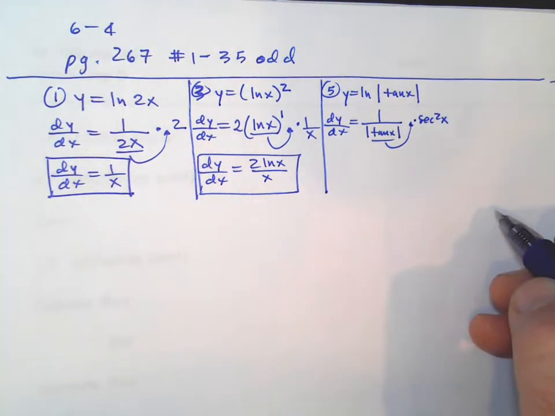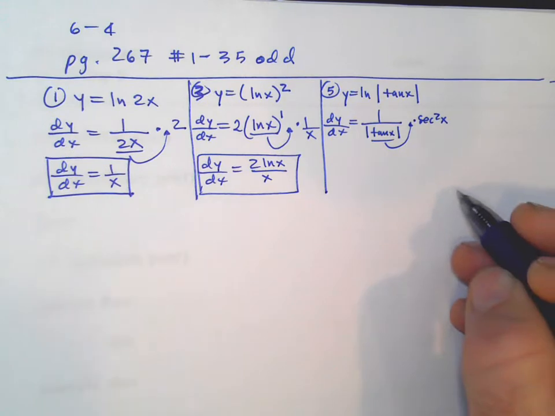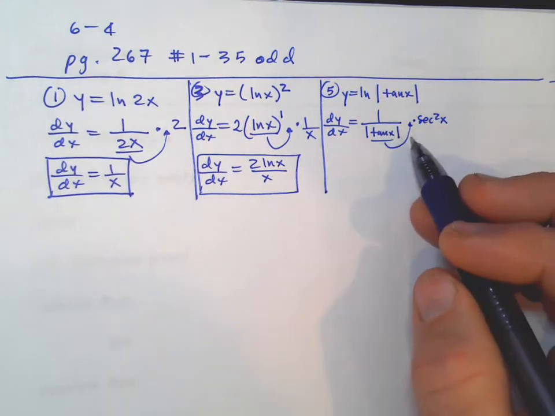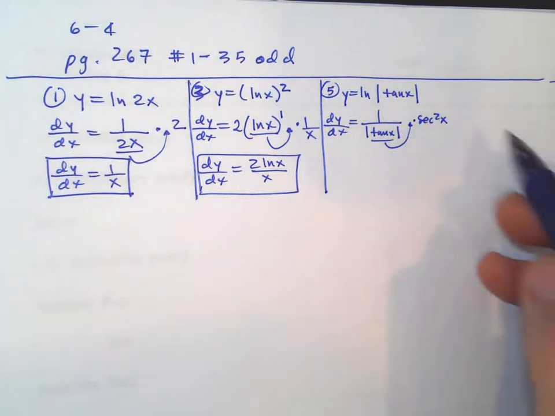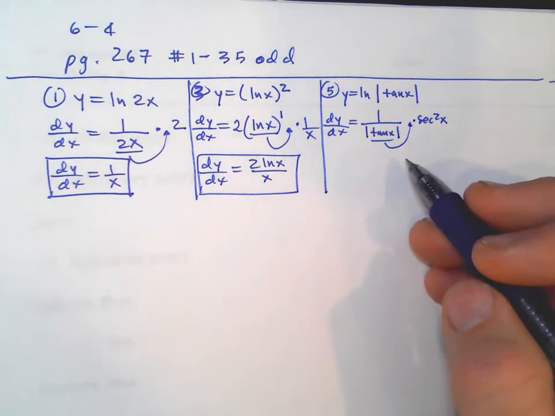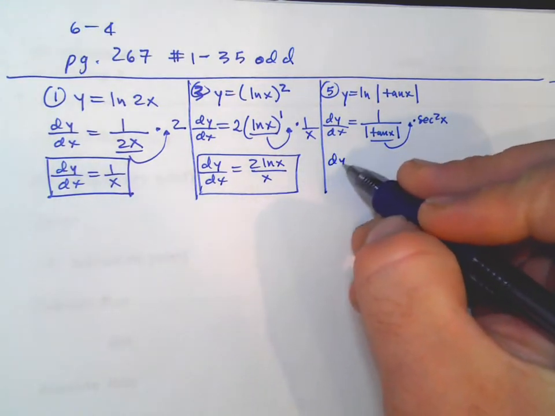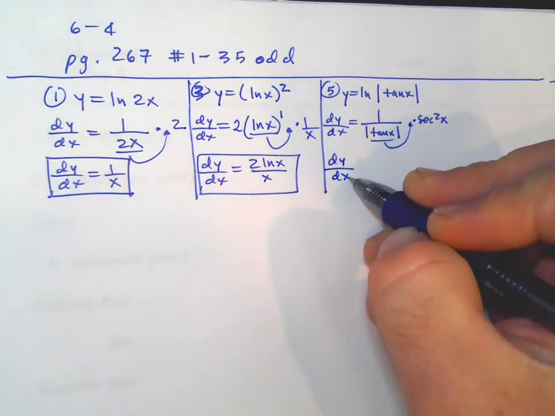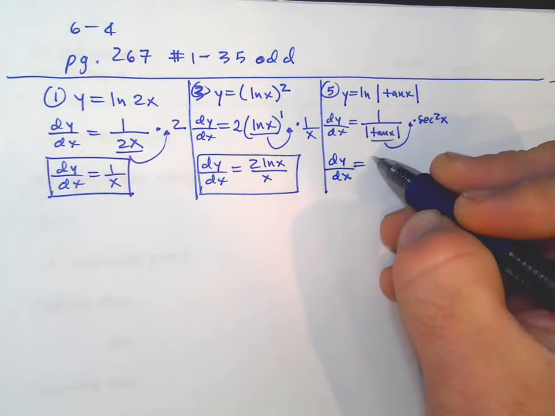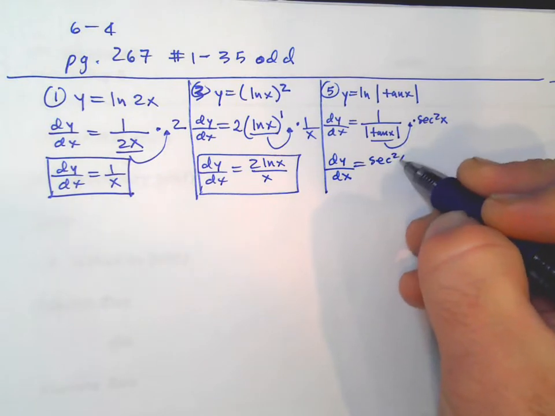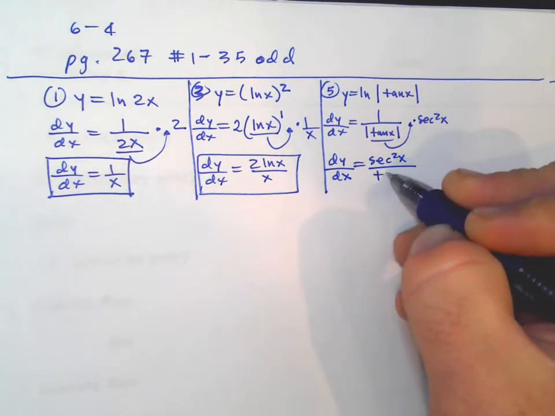Now, this absolute value stuff is probably throwing you off because tangents can be positive and negative. And I guess later on, I'll show you why these absolute values actually end up going away. So secant squared x over tangent x.